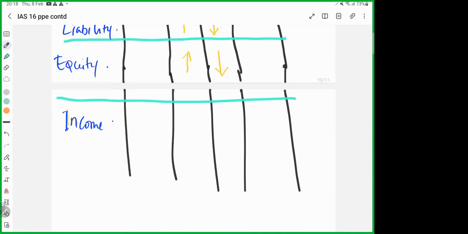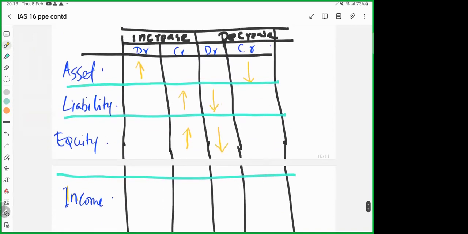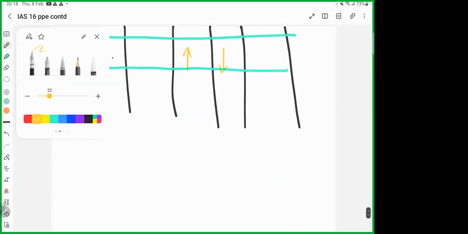Then income. Income increase, what should I do? Credit. Income, liability, and equity fall into the same category. Credit. And then decrease, debit.